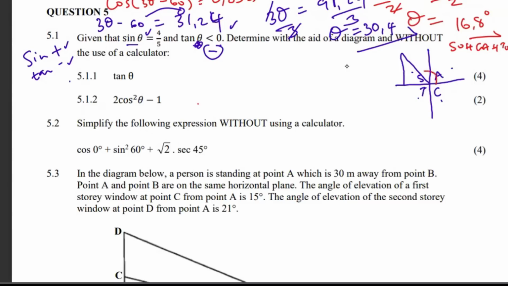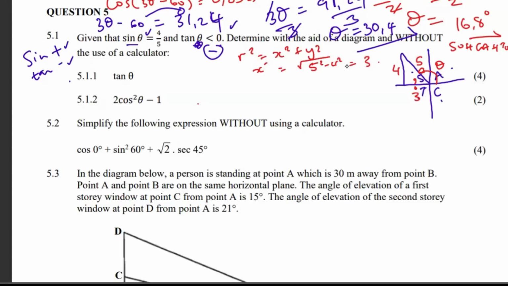So the whole of this is going to represent our theta. Our opposite is 4, our hypotenuse is 5. Then we apply the theorem of Pythagoras to determine what is missing. So r squared is equal to x squared plus y squared. Then x is going to be the square root of 5 squared minus 4 squared, which will give me 3.